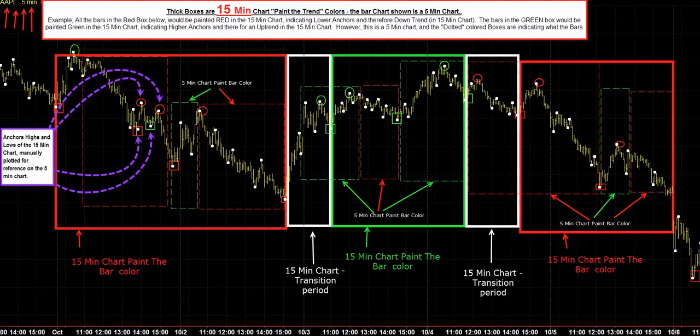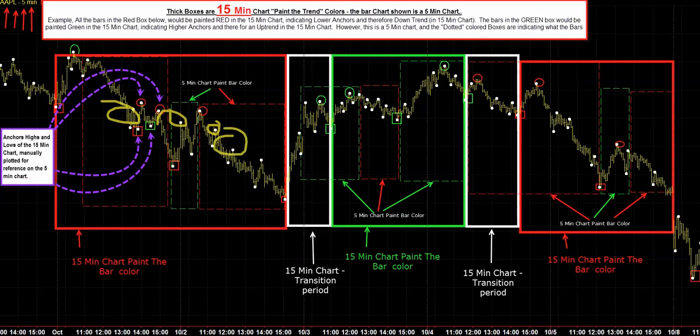Well, I figure that if we zoom in and open up a 5-minute chart, this is now a 5-minute chart, and all these bars here are 5-minute bars. The 5-minute chart has got its anchors as well: there, there, there, there.